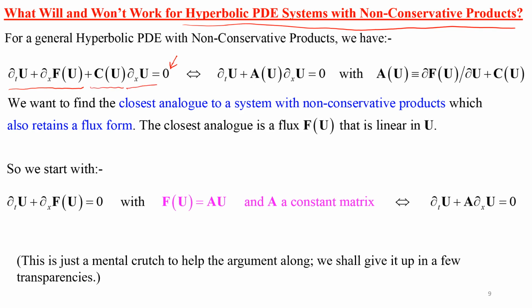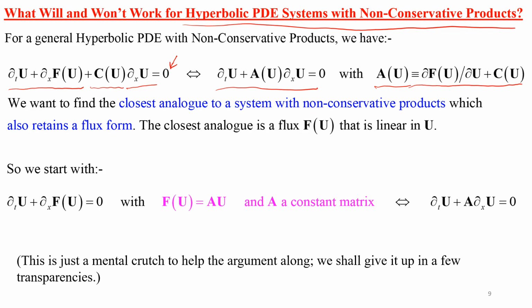Now, of course, if you cast this in characteristic form, which is this form out here, then you realize that A is nothing but the Jacobian of your flux plus the matrix of non-conservative products. But the problem is that you cannot write this Jacobian as a gradient, as d by du of something else, which is why these products are called non-conservative products in the first place.